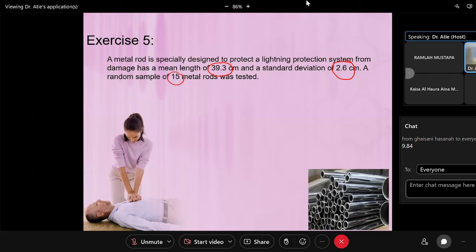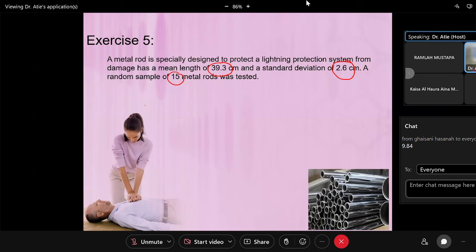A meteor is specially designed to protect a lightning protection system from damage has a mean length of 39.3 centimeter and a standard deviation of 2.6 centimeter. A random sample of 15 metal rods was tested, right?